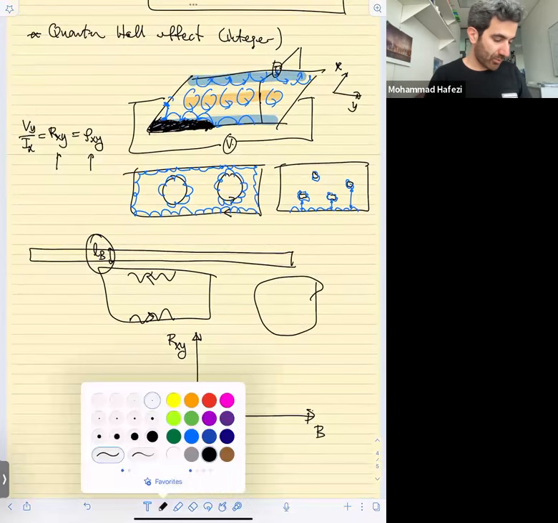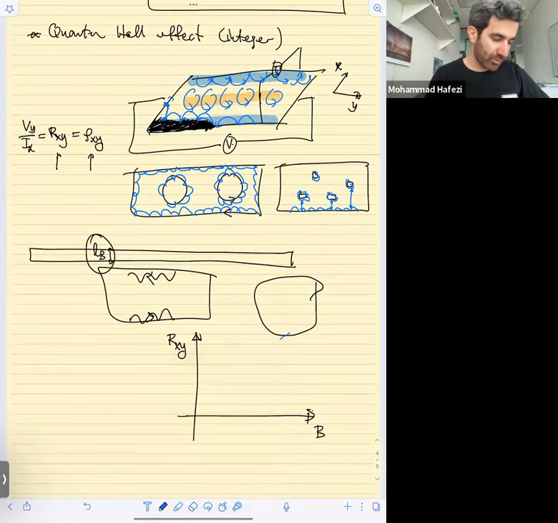then from a classical point of view, you should expect that it would be a line, and then rho xx.